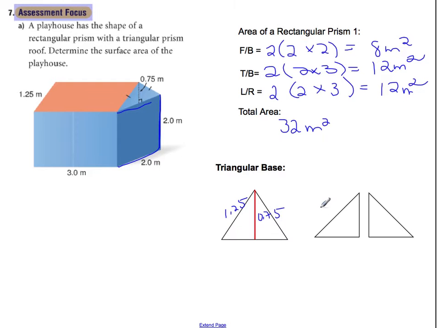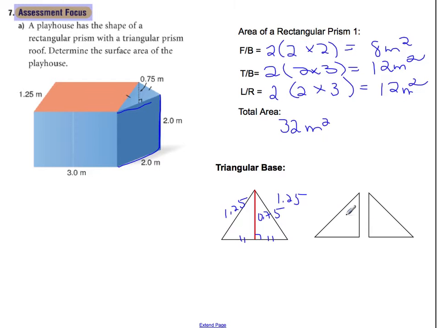The two diagonal sides of the triangle are equal, so if I drop a perpendicular, these two lengths would also be equal. So we're going to split them up and create two right triangular prisms out of this triangular one.